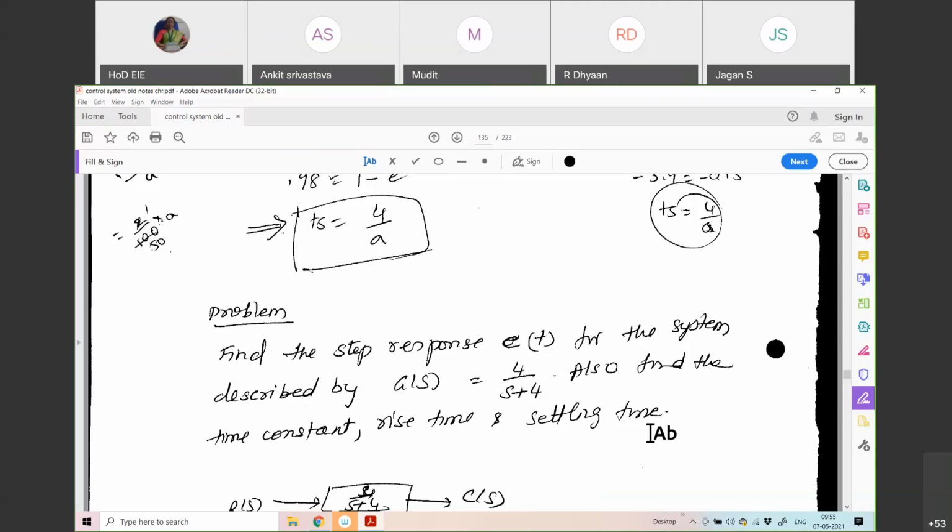It is asking you to find the response C of t for the unit step input. How do you find it? R of S is 1 by S. So C of S is 4 by S plus 4 into R of S. Replace R of S with 1 by S, same as what we have done before. Try to find C of t. Tell me what is C of t.